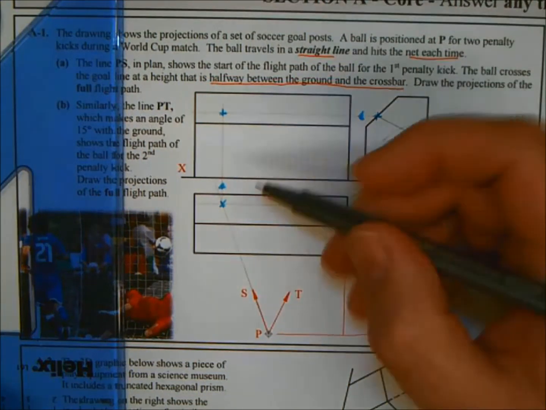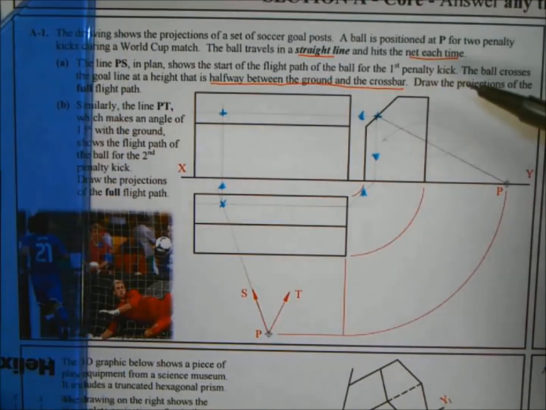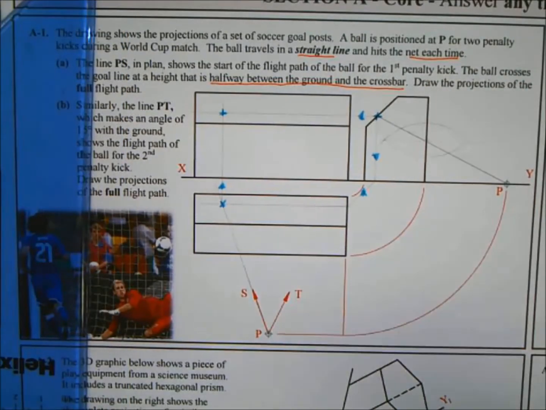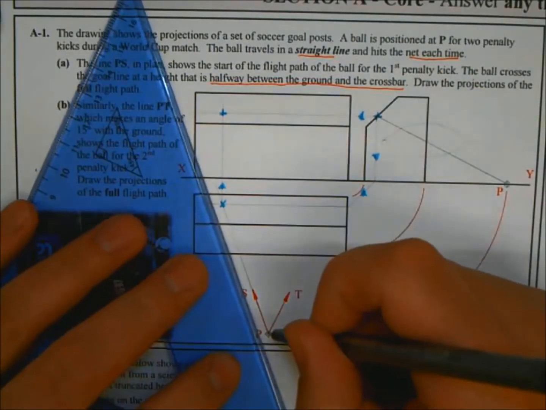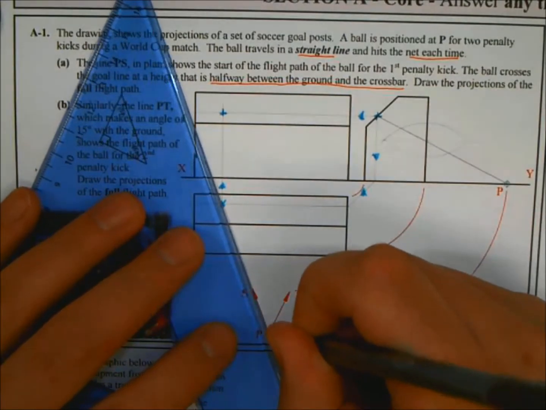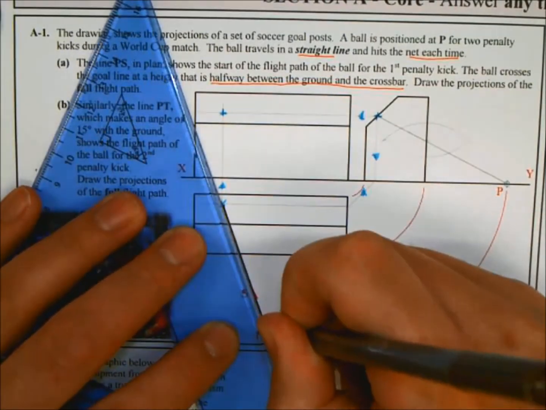So you need to draw the projections of the full path, so that's in both views. Plan is the easiest one, starting at P, finishing at a point here, so that is the path in plan.